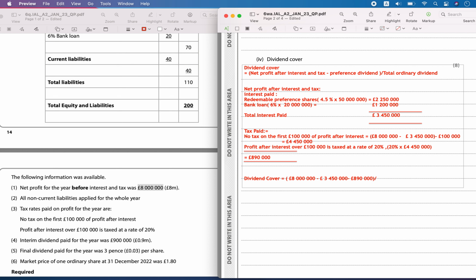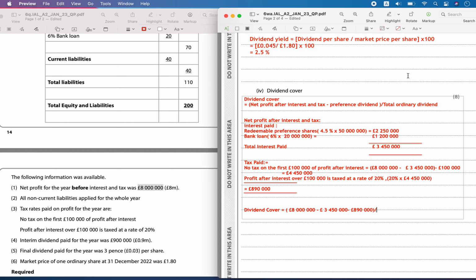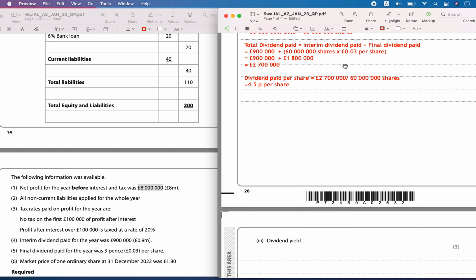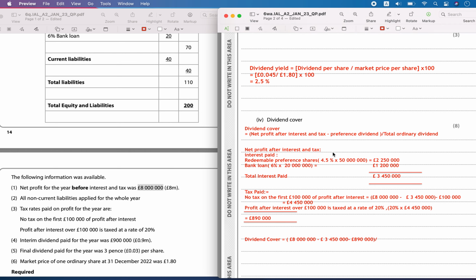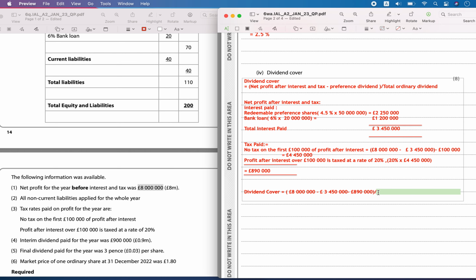You don't have any preference dividends paid. This is divided by the total ordinary dividend paid, which we had already calculated, the interim dividend plus the final dividend, which was around 2.7 million.